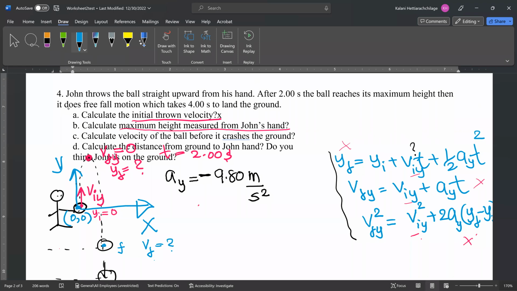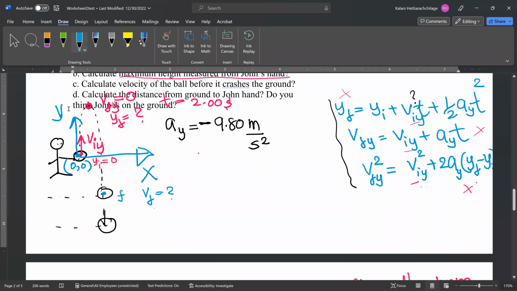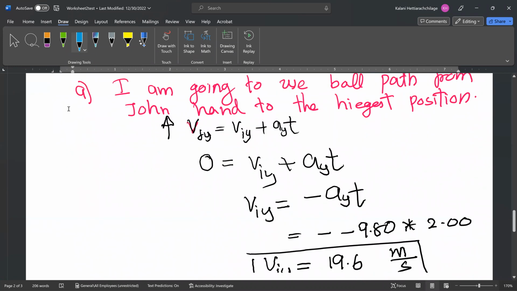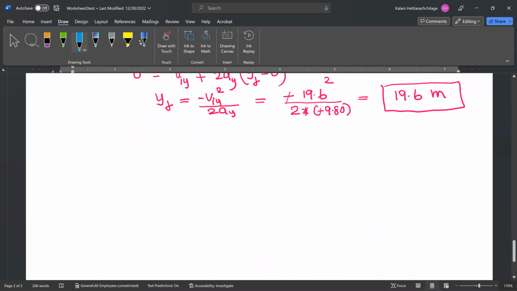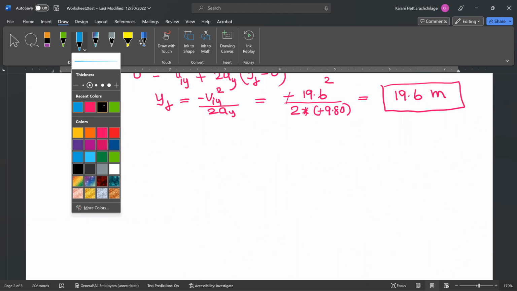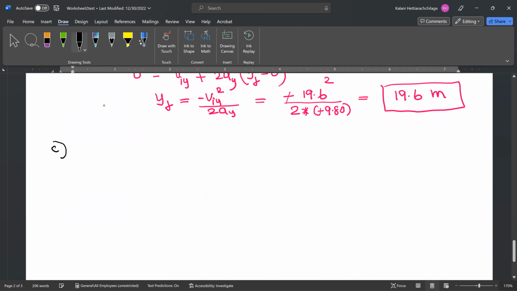I would like to use the whole motion. Maybe you would like to use the top to bottom. That's totally up to you. But whatever you decide, you're going to write that here. So you can choose the whole motion or half of the motion. I'm going to consider the whole motion.